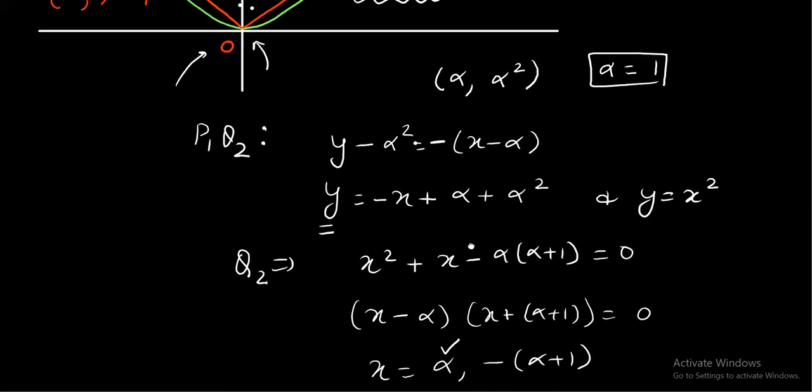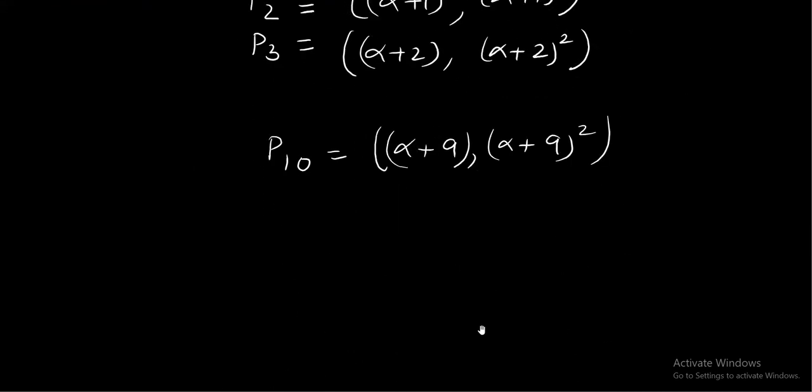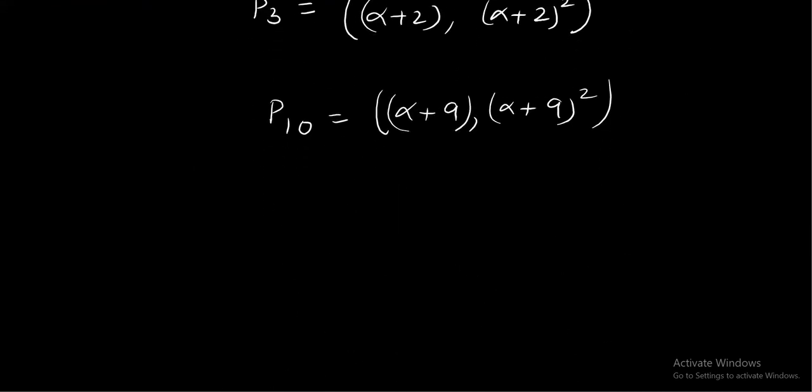P1, P2, P3 तो ठीक है हमने निकाल दिया, so that we can write down the next line and we can verify it. But now we have seen that बहुत ही kind of symmetry आ रहा है in all the coordinates, P1, P2, P3 के coordinates में. That's why when you write down the equation of the lines ना, like P1, Q2 I have written, when you write P2, Q3 and so on, you will get the similar kind of equation of the line. The only difference will be alpha will be replaced with alpha plus 1 or alpha plus 2 and so on, right?